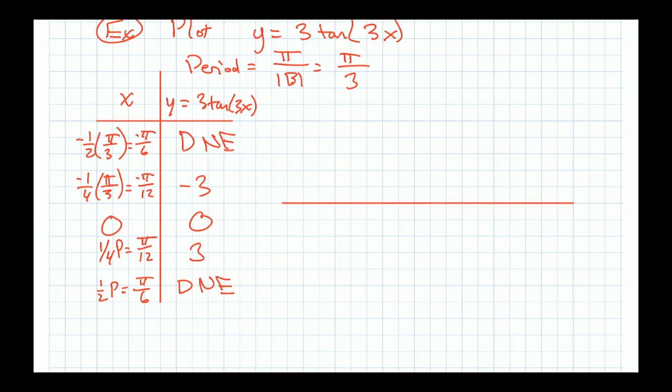So how are you going to plot this? So you make some axes here. Put some marks on here. So we need like pi over 12s marked.